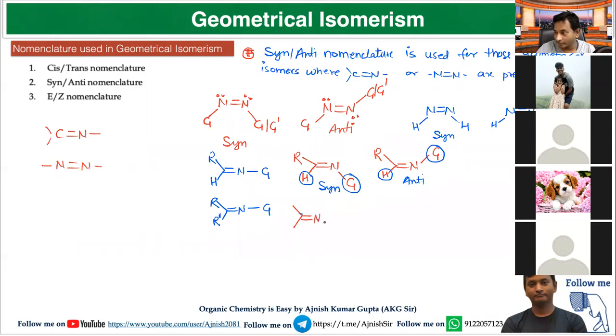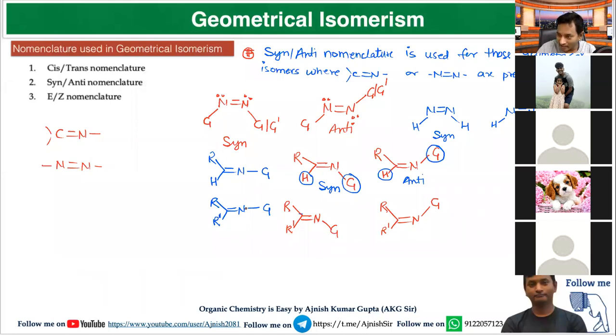Now think for ketones. Here, if this is R and this is R dash, here R and Z are opposite, and R dash and Z are on the same side.